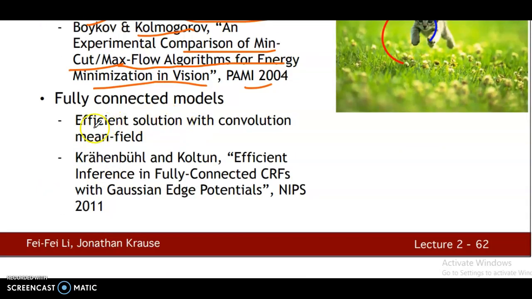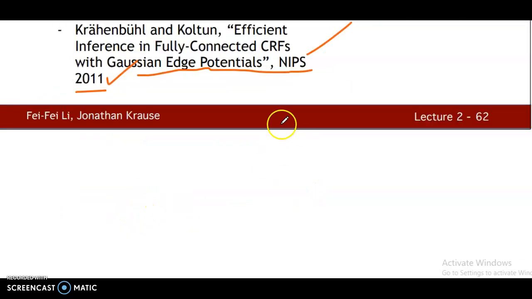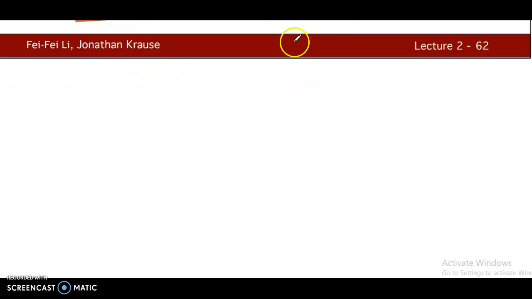Fully connected models: efficient solution with convolution mean field, Krahenbuhl and Koltun, efficient inference in fully connected CRFs with Gaussian edge potentials, NIPS 2011.